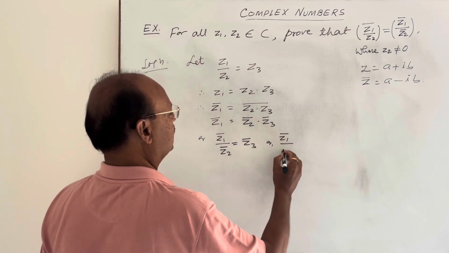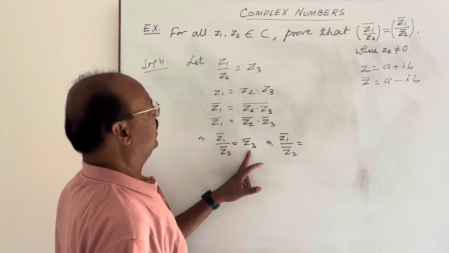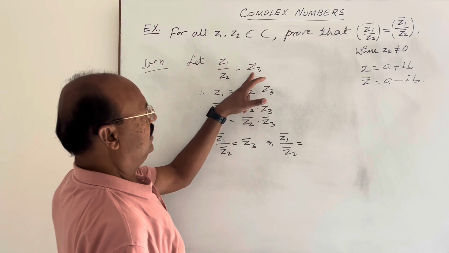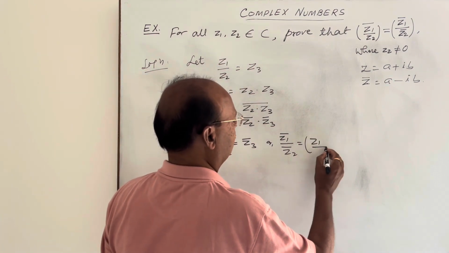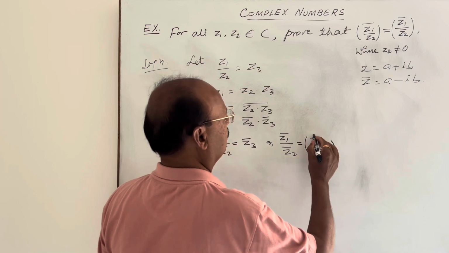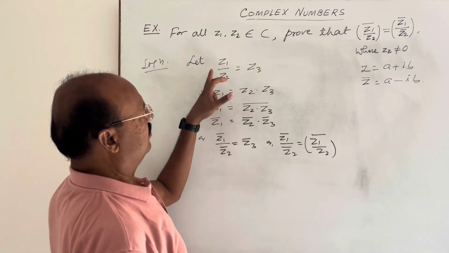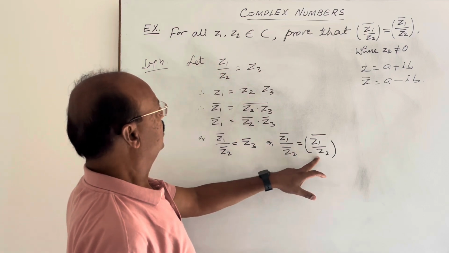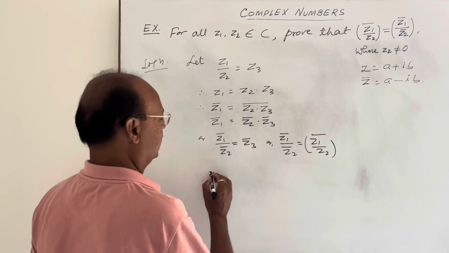Z1 conjugate by Z2 conjugate is equal to Z3 conjugate, and Z3 is Z1 by Z2. So this is (Z1 by Z2) whole conjugate. In place of Z3, we have simply put the value Z1 by Z2, which we had supposed here. Okay, so we are getting the result here.